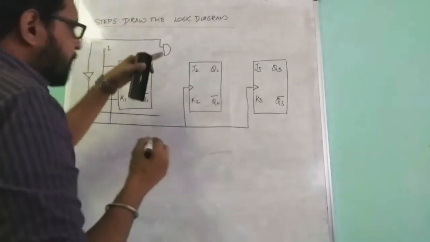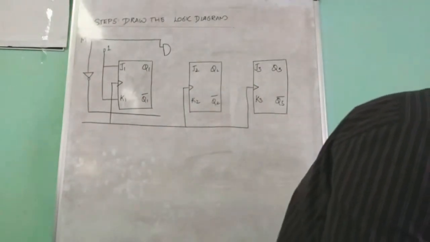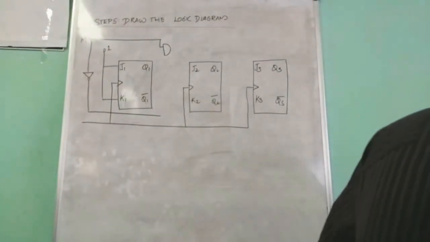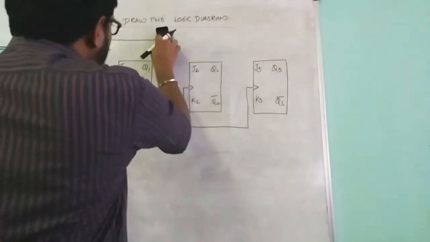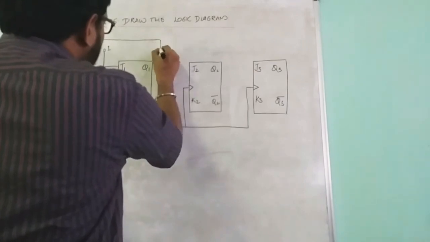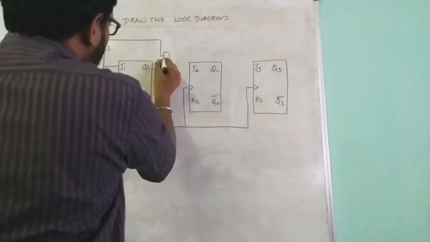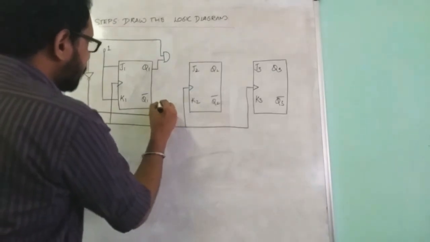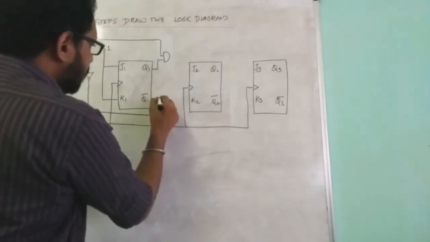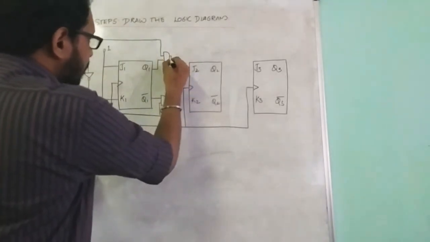Okay, this is M and we have J2 as Q1 M, so we have Q1 and M, and also Q1 bar, and they are OR, right?